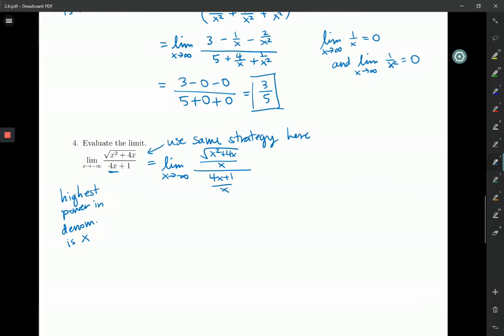Now, in the denominator, this is going to work the same way as it did in the previous problem. In the numerator, I want to get the x inside of the square root so that I can do some cancellation. So in order to do that, if I want to put x into the square root, I will have to square it, right? So I will get this over x squared now. And then in the denominator, we get 4x over x plus 1 over x.